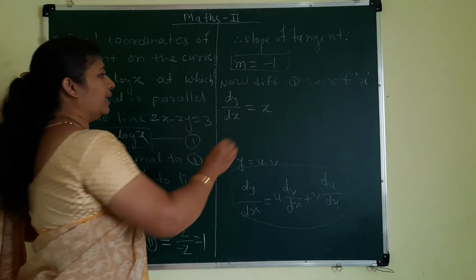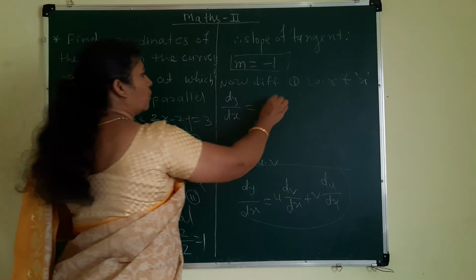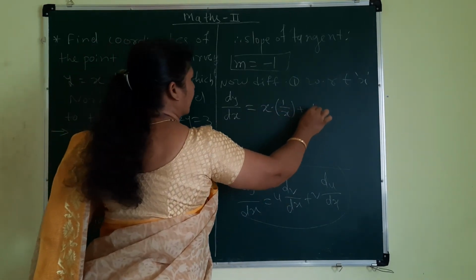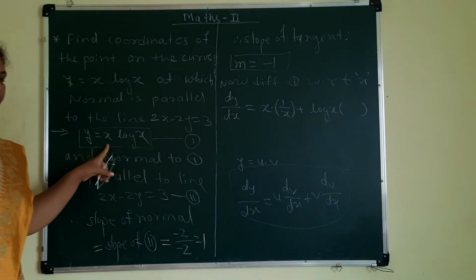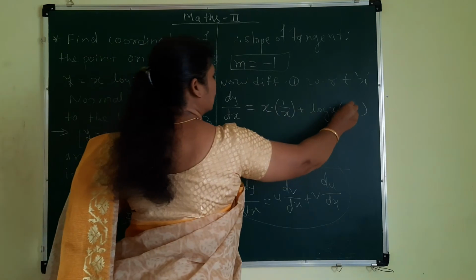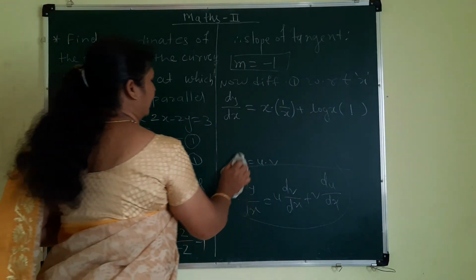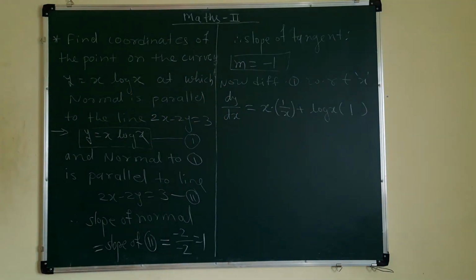So here it will be x into derivative of log of x. What is the derivative of log of x? It is 1 upon x, plus second function log of x into derivative of x, and derivative of x is nothing but 1. So this is our dy by dx, and that will give me the slope of the tangent here.